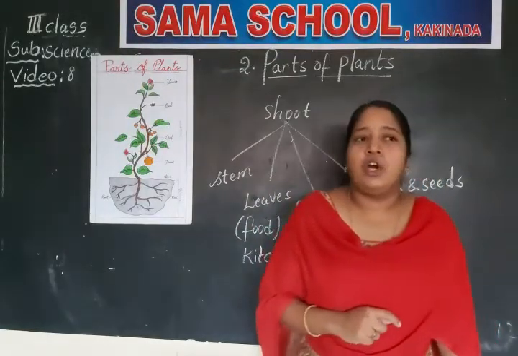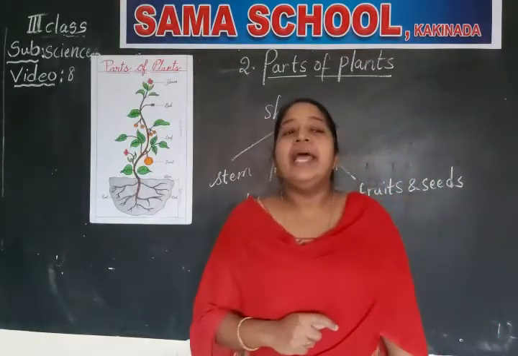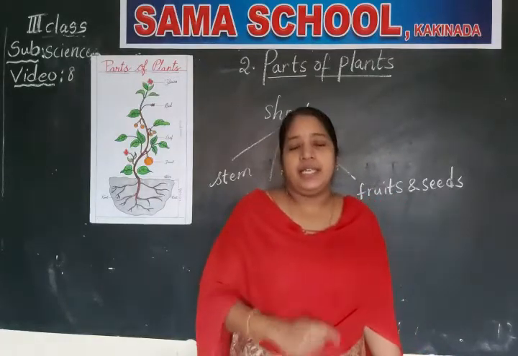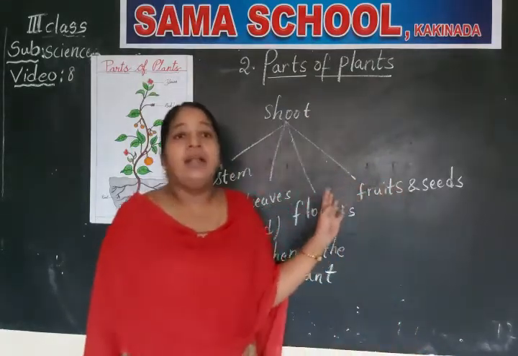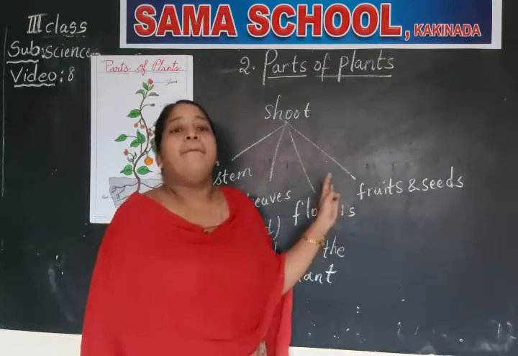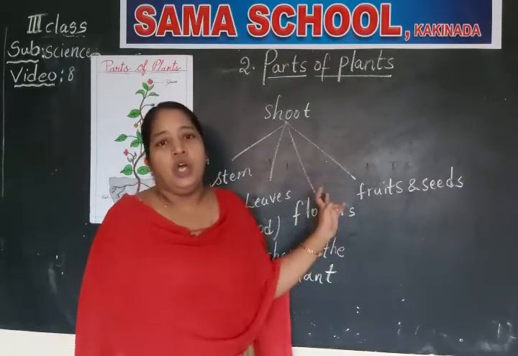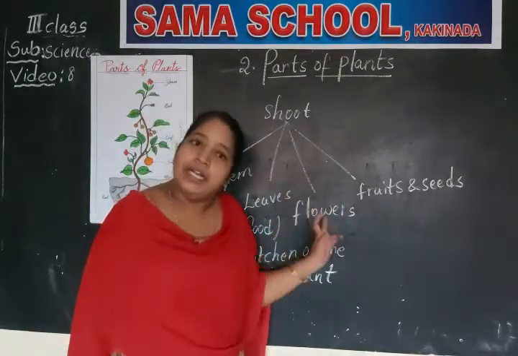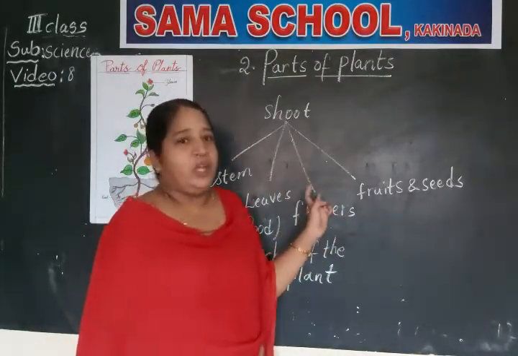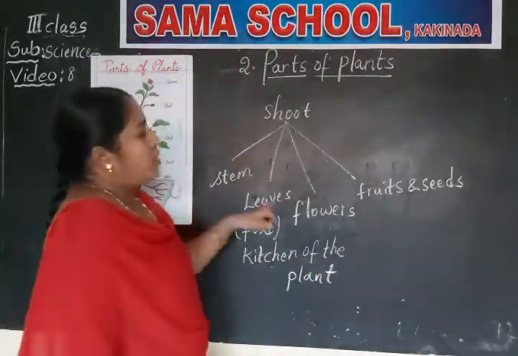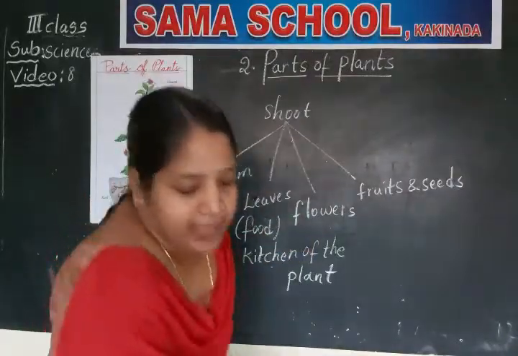That process is called, what is that process, children? Yes, photosynthesis. The process of making food in plants is called photosynthesis. We have already learned this in previous videos. So today we are going to learn more about flowers.